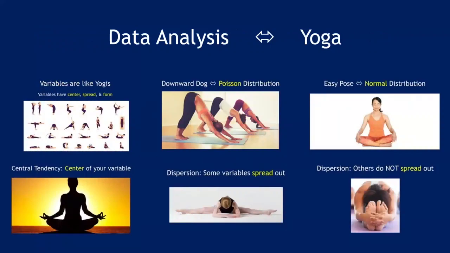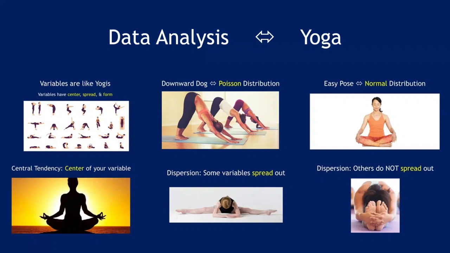In a way, data analysis is very similar to yoga practice in some interesting ways. So I always like to talk about variables. So we're going to start to talk about variables. And I always like to talk about variables as yogis. They all are different in many, many different ways.